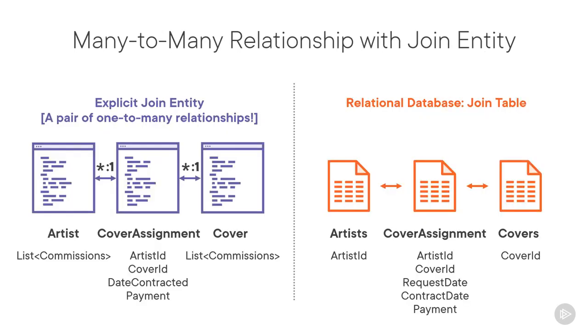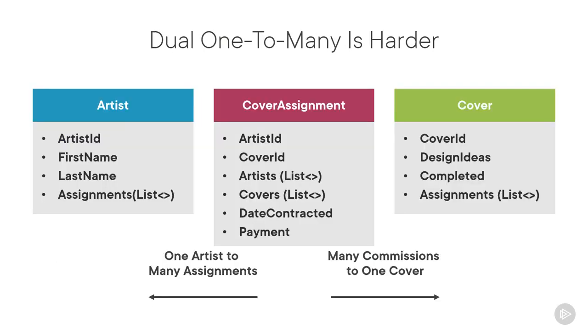And like the database mapping, that class has a one-to-many relationship with each end, but those ends have no direct knowledge of each other. And with this join class, you can put as many additional properties as you want. You'll have access to this in code, so this is where you can have logic like the date that a contract was signed. Having an explicit join entity in the mix gives you very granular control over the relationship.